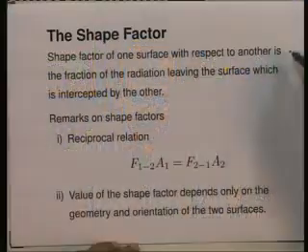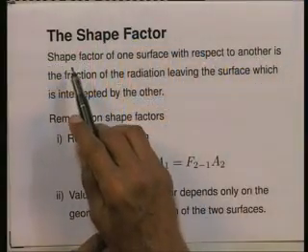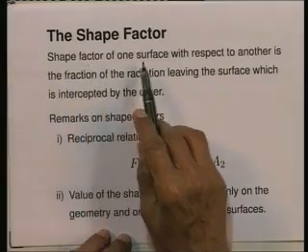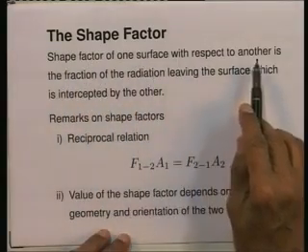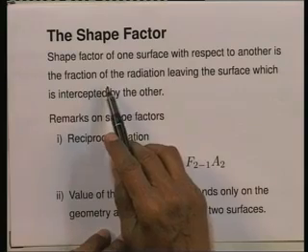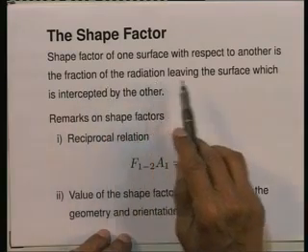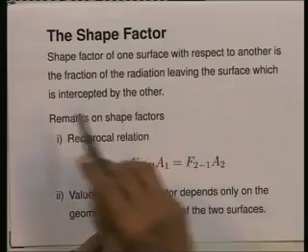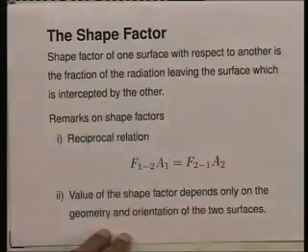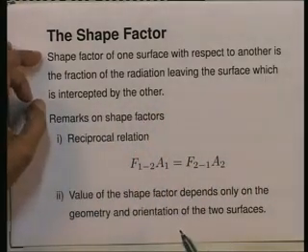Now, let me again define shape factor. I have done it earlier, but I repeat. The shape factor of one surface with respect to another is the fraction of the radiation leaving the surface which is intercepted by the other. Okay, that is our definition of shape factor.